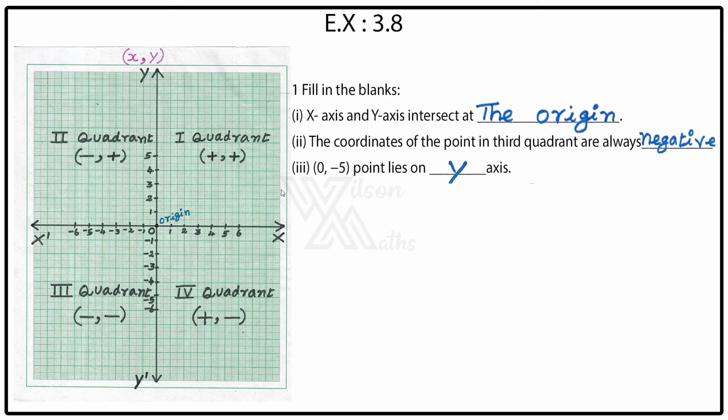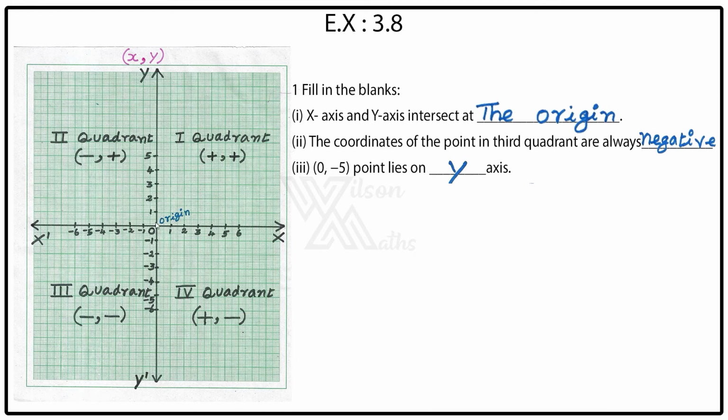Third one, the point 0, minus 5 lies on dash axis. X, Y. First 0 for x. So this is the x-axis, this is 0. Then y-axis minus 5.